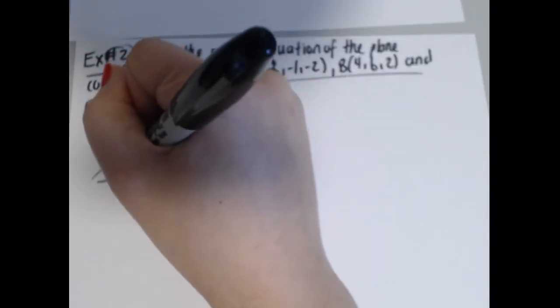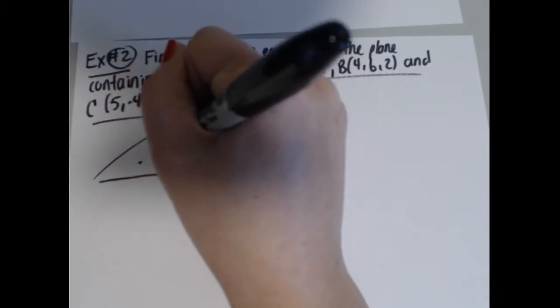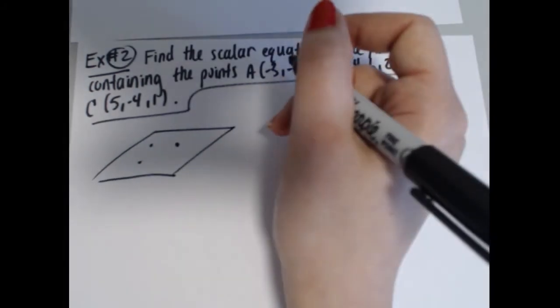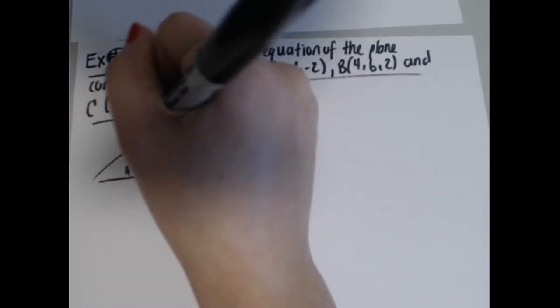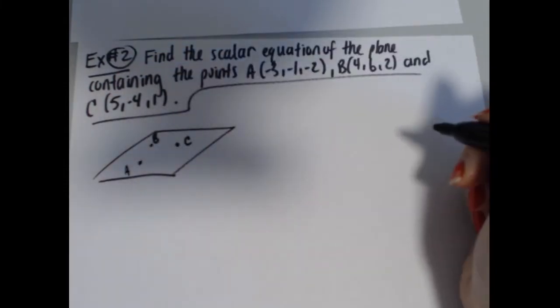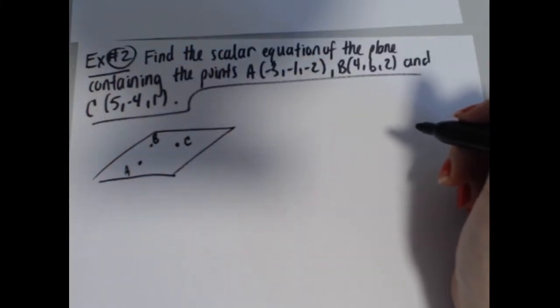So I'm going to sketch my plane. Again, I strongly encourage you to draw a picture. So I've got 3 points. I don't know exactly where they are, but I know I have 3 points somewhere in space, and I know they're on the plane. So I'm just going to label these points A, B, and C. Okay, all I know is that they're distinct points, and that is good enough for me.